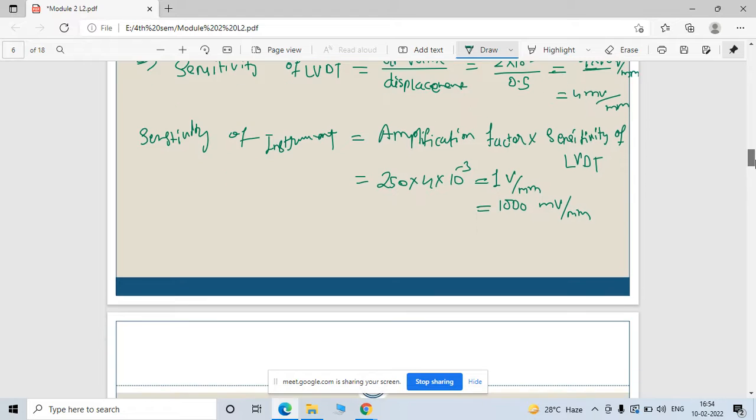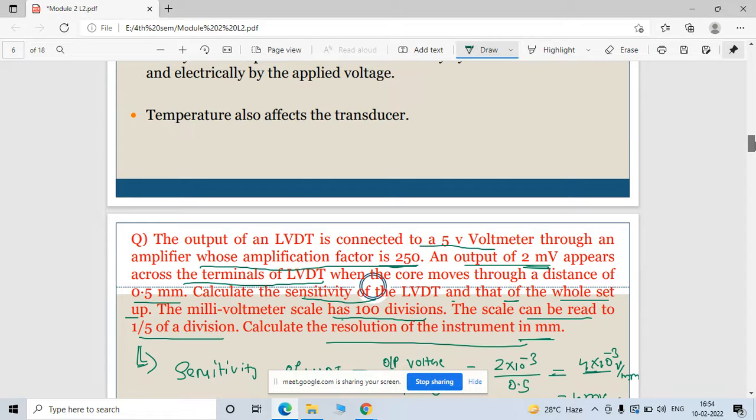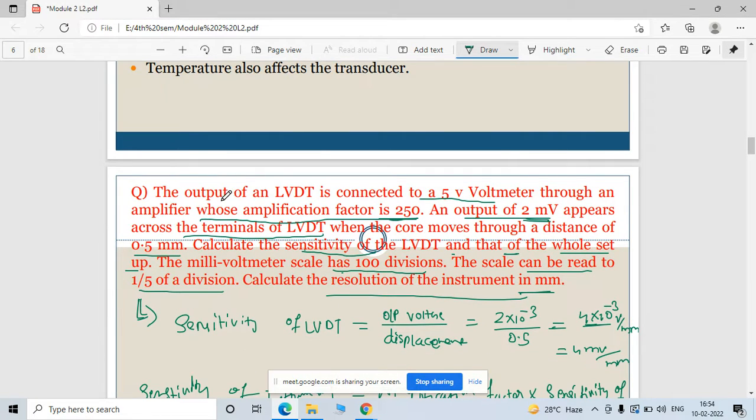Now, one scale division, how much will it be here? One scale division is nothing but here, what is the output voltage? The output of LVDT is connected to the 5 volt.